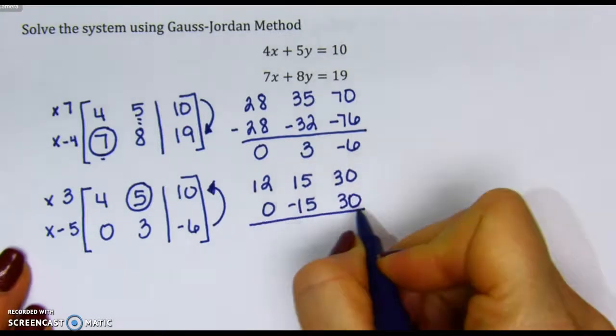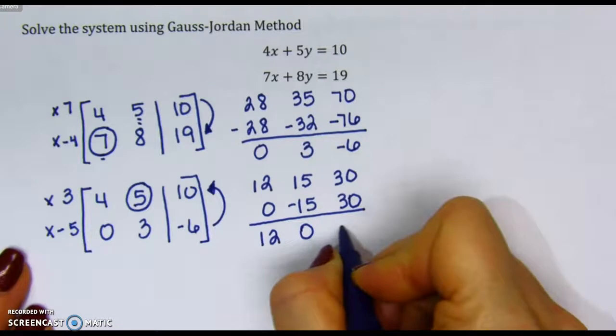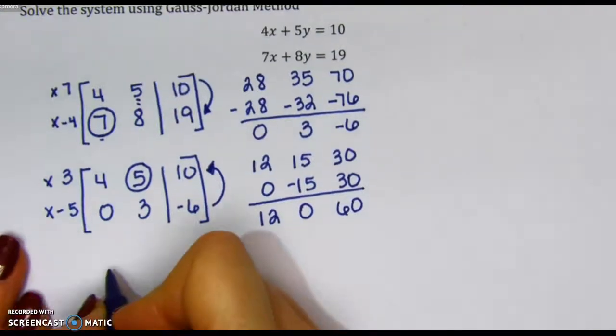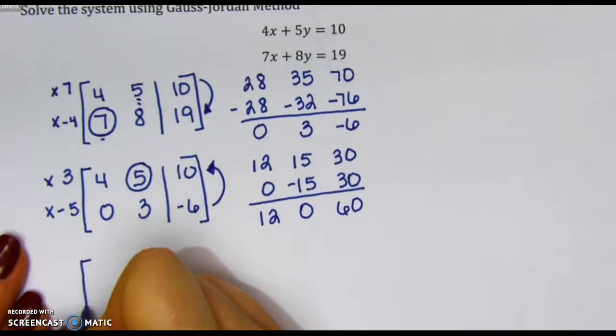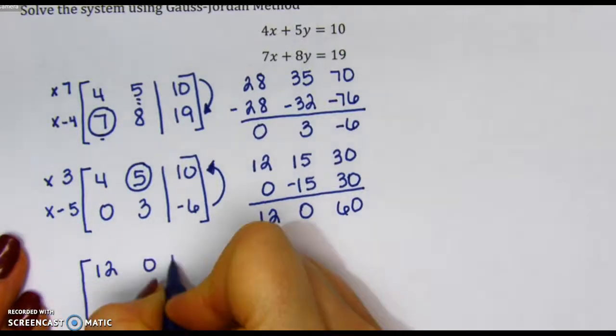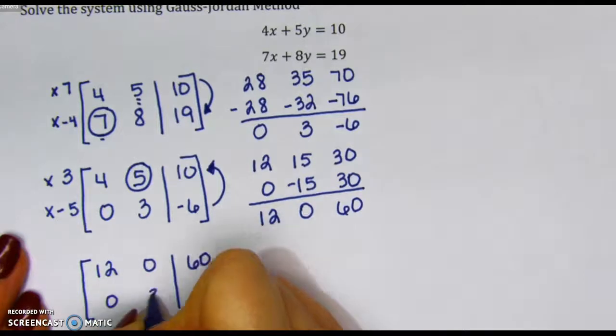Adding these together, I have 12, 0, 60. So I'm going to rewrite my matrix. My top row is now 12, 0, 60, and my bottom row stays the same.